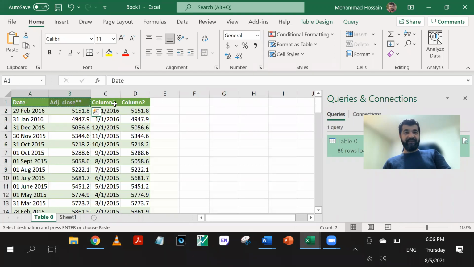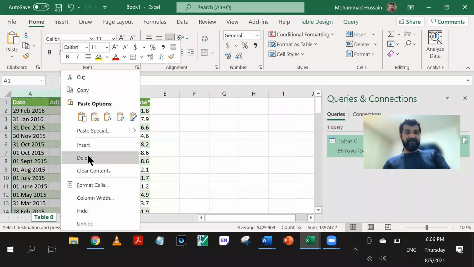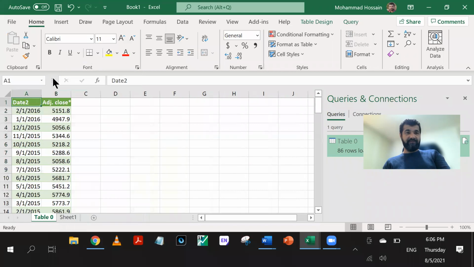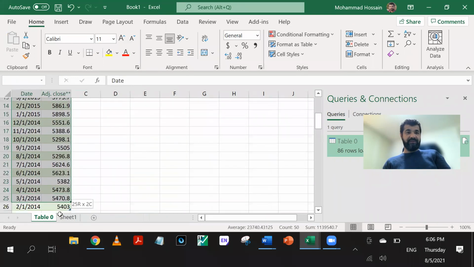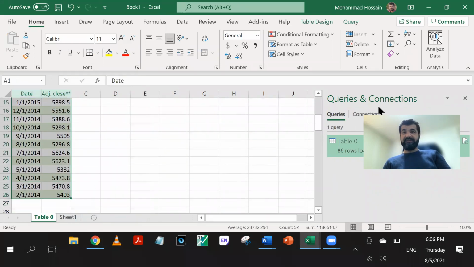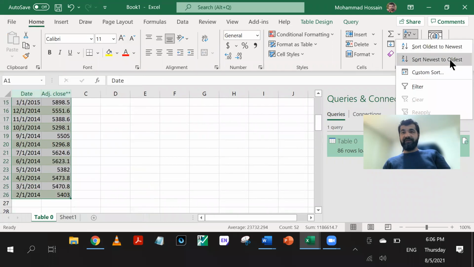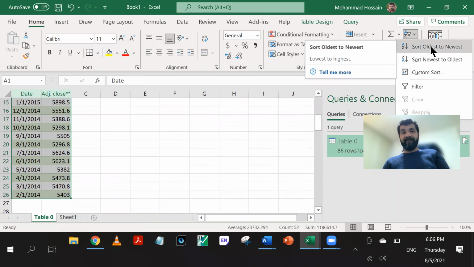I just changed the format. That's it. I will make these things. Okay. So go these things. Select it. Go for sorting. Sort oldest to newest. Okay.